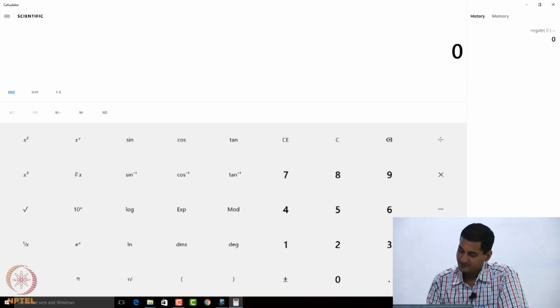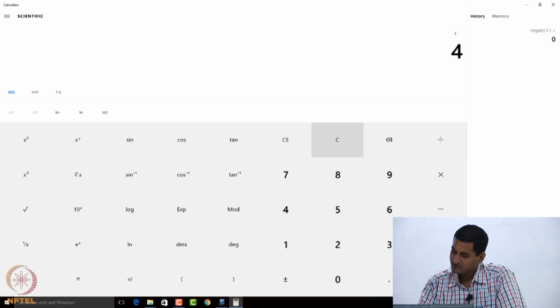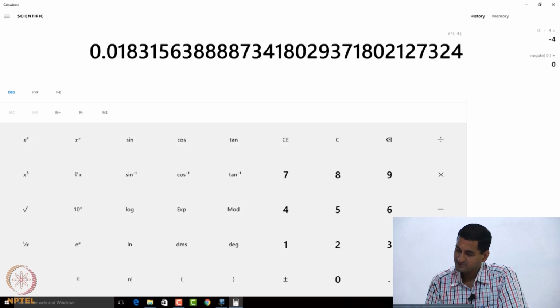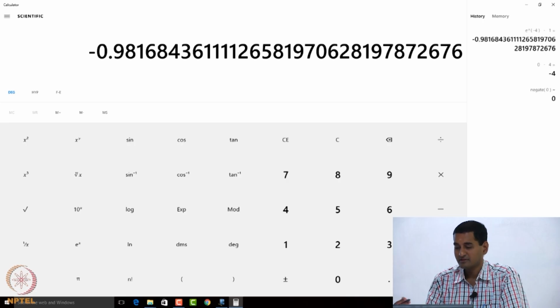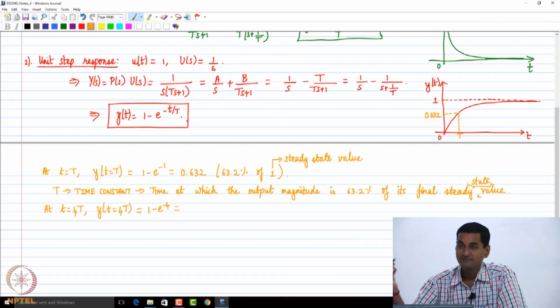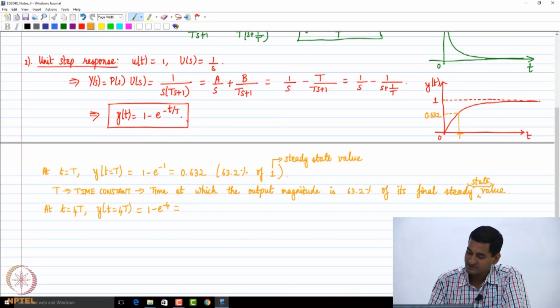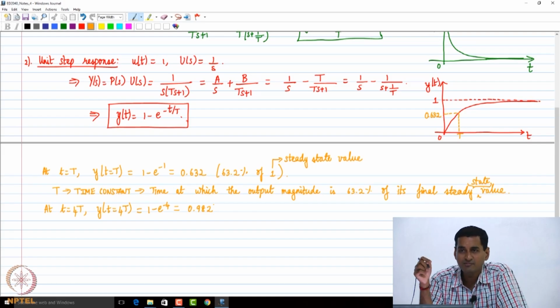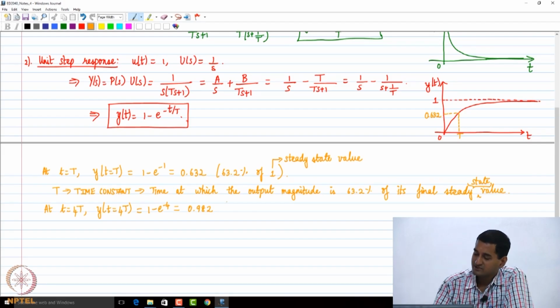Okay. Yeah, here it is. If you take the exponential of minus 4 and then do 1 minus that, we are going to get 0.982 or something like that, right? Close to 0.982, right? Do you agree? 0.981 something, right? So this is close to 98% of the final value, right?